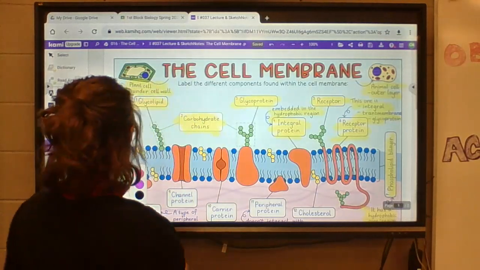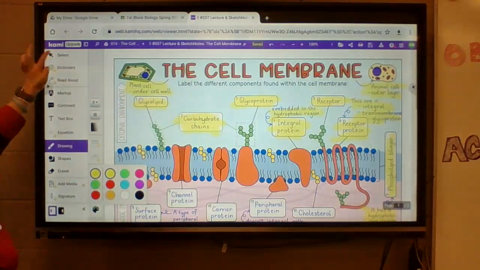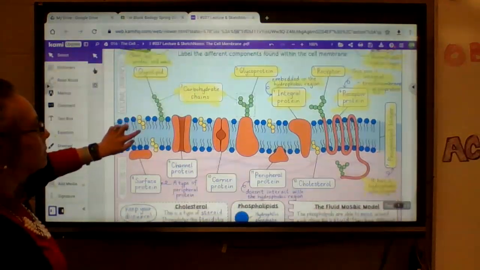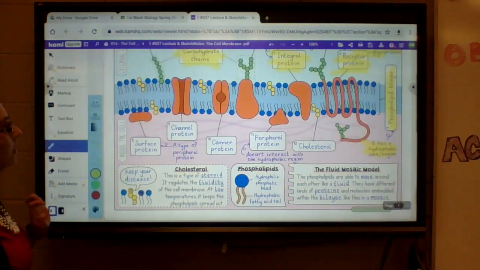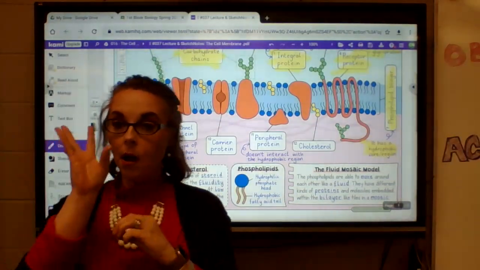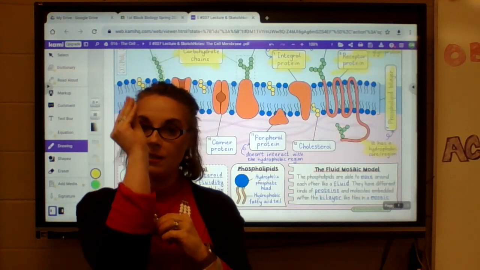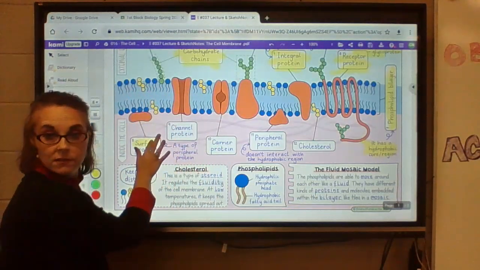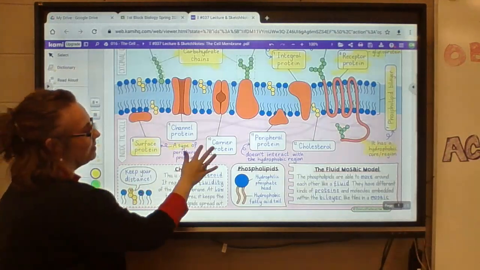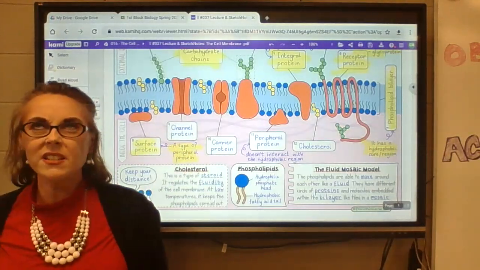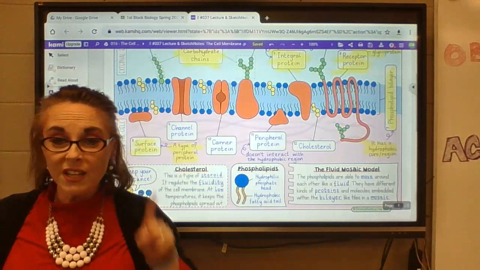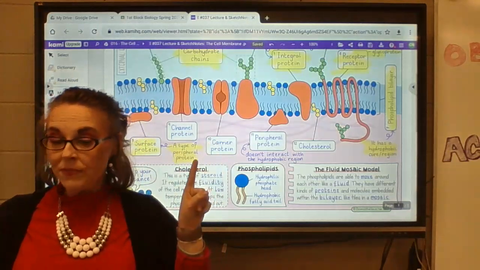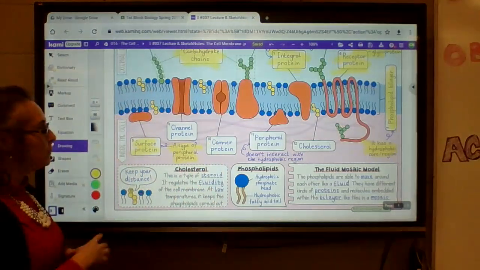Alrighty, and then let's scoot this down just a little bit so that we can see a little bit more. Then we've got here, opposite of the integral protein that is inside of it, we have a surface protein, you know, because it's on the surface. You can also hear that termed as peripheral protein, just like you have your peripheral vision, but we'll just say surface protein.